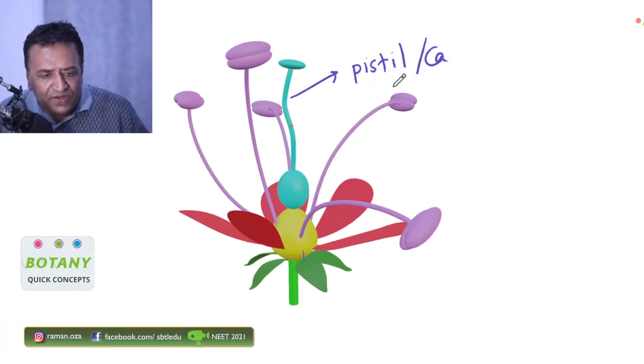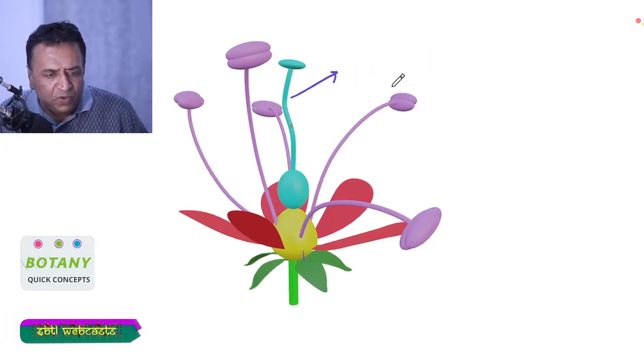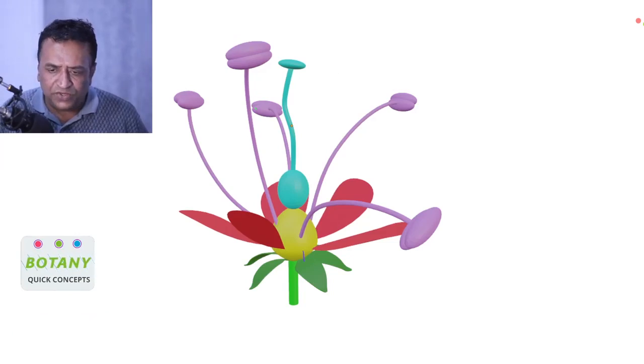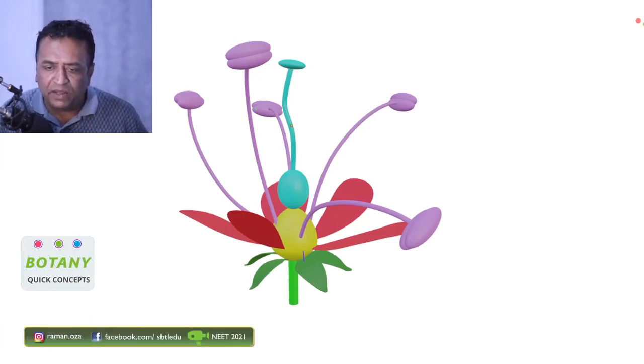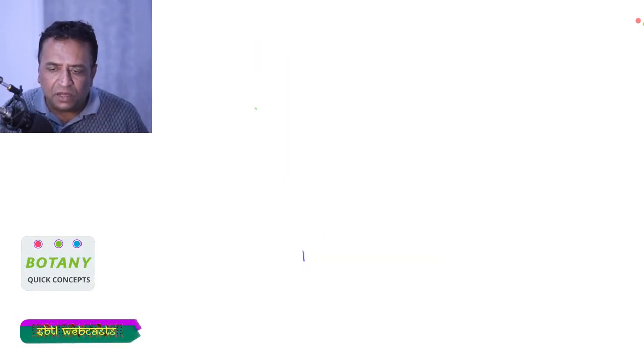So let's try to understand a few more details of this. Here, let's go to just the gynoecium part of it, and for our convenience, let's not see any of these.